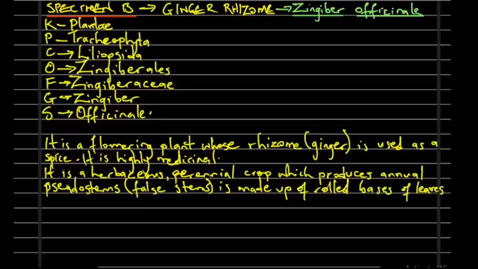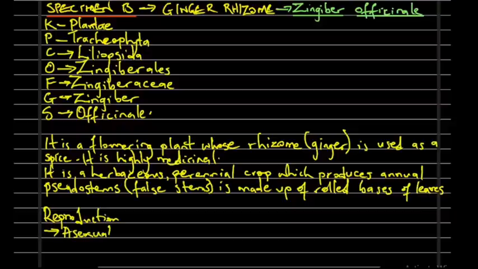Now, we have this particular plant here. We have said it before that it is a vegetable, it is a flowering plant. Now, the kind of reproduction that occurs in the ginger or the rhizome is asexual reproduction. We have two types of reproduction.